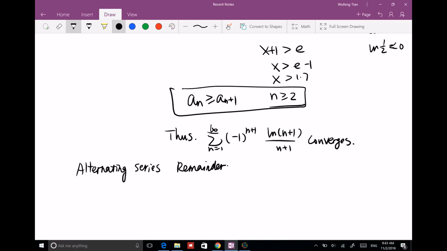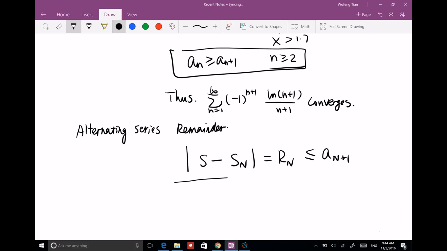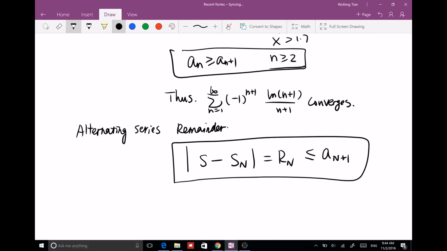That is, the remainder theorem is S minus Sn equals the remainder Rn, less than or equal to a_{n+1}. Okay, so this is the remainder theorem of alternating series.